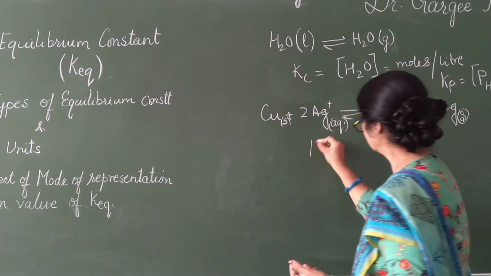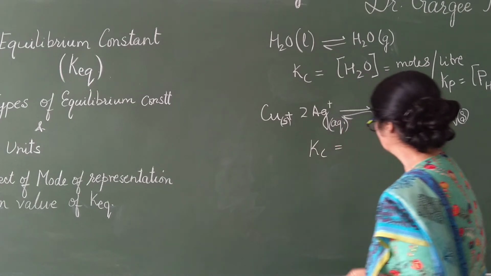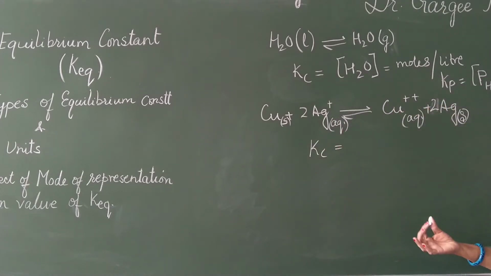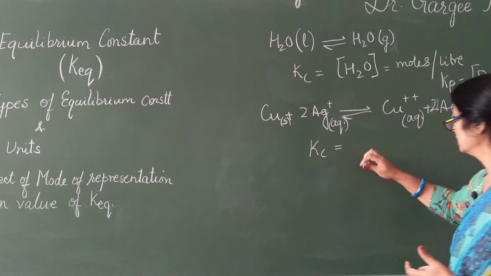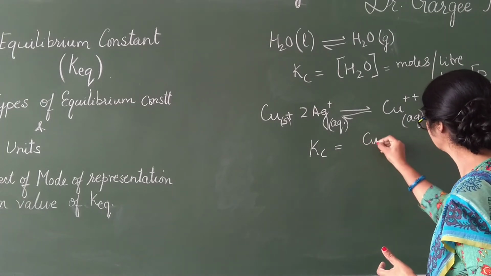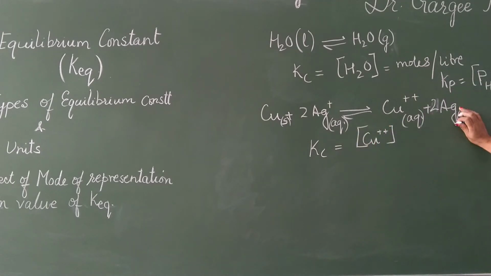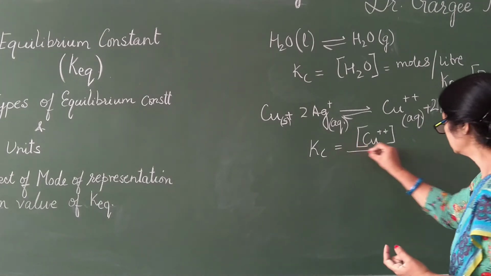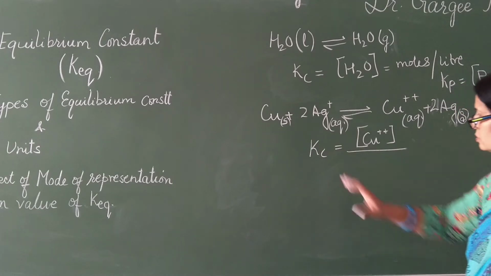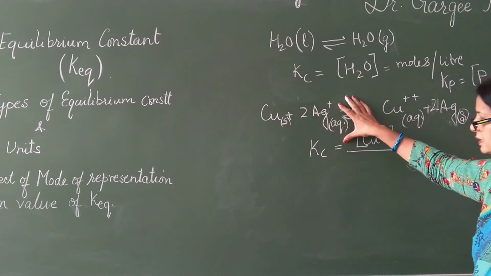Okay. For Kc, the active mass of the product will come on this side, so it will be Cu++. And since this is in solid state, it is taken as constant and taken as unity. So we will ignore it and will not write it over here. And divided by, here also just have a look at the reactants.